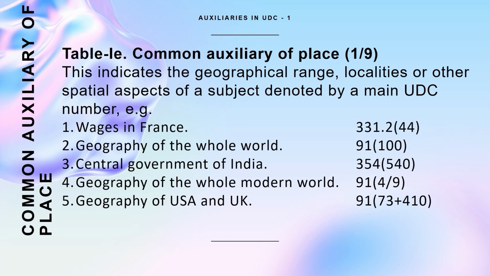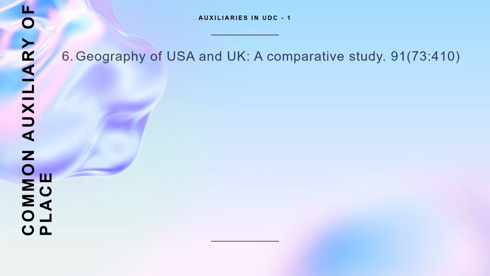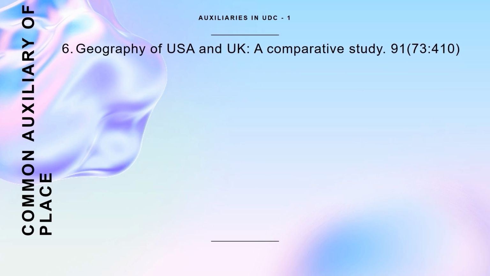And for geography of USA and UK, you can give the plus sign in between USA and UK. So 91 is for geography, (73) for USA, plus (410) for UK. See the next example, geography of USA and UK, a comparative study.